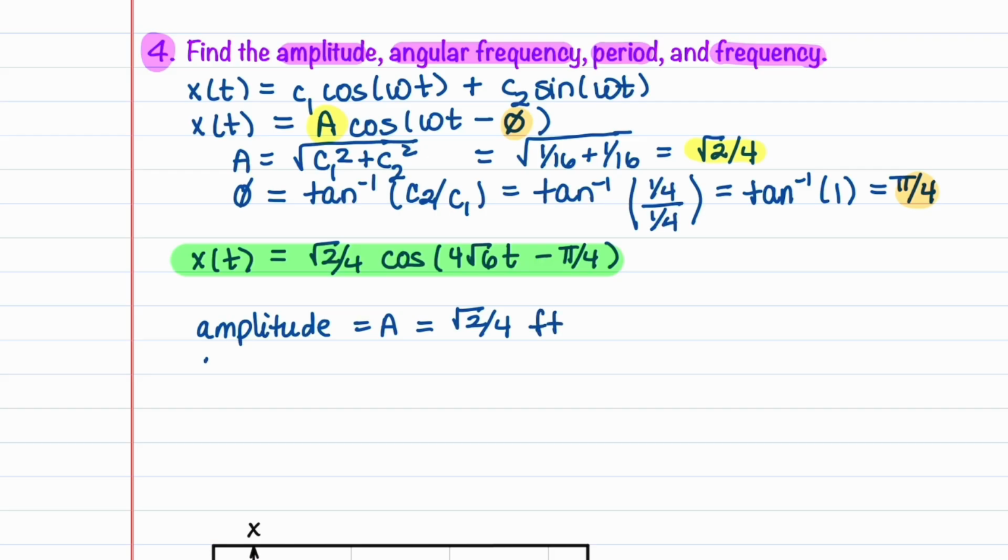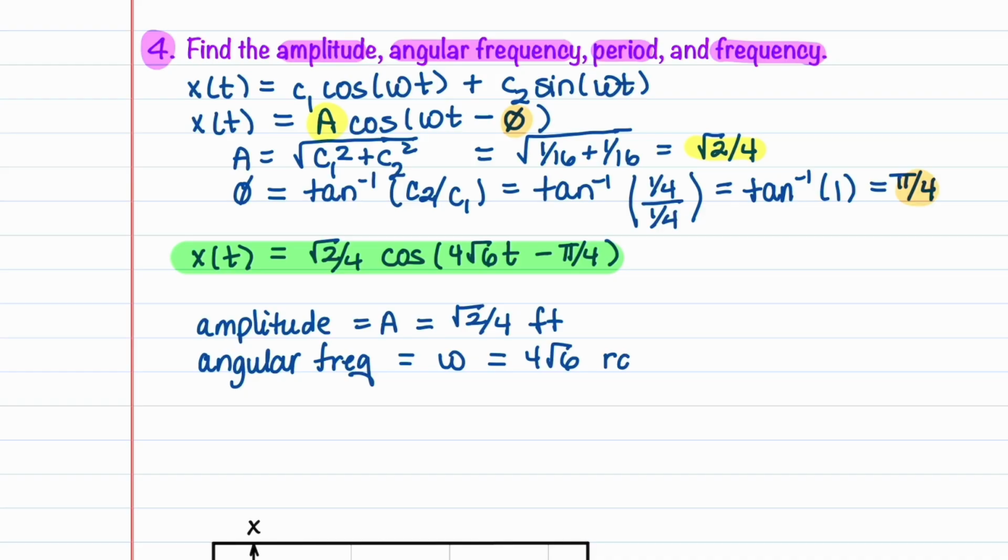The next is the angular frequency. That is equal to omega, and we already found that omega is 4 root 6, but now we need to add units, and those units are going to be radians per second.